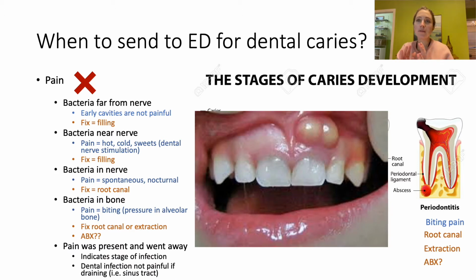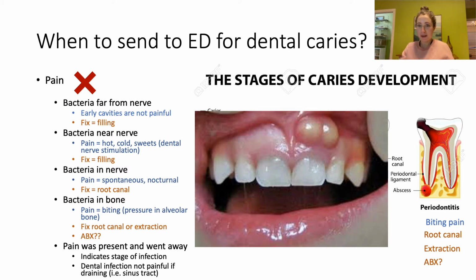When parents or patients tell you their dental history and they talk about pain that was present and then when it went away, that can also help you stage where it was. Initially, cavities aren't painful. Then they become painful as the cavity gets closer to the nerve and then into the nerve. And then there's this magical time where the nerve is dead or necrotic and the infection hasn't gone outside the apices of the tooth and into the bone.